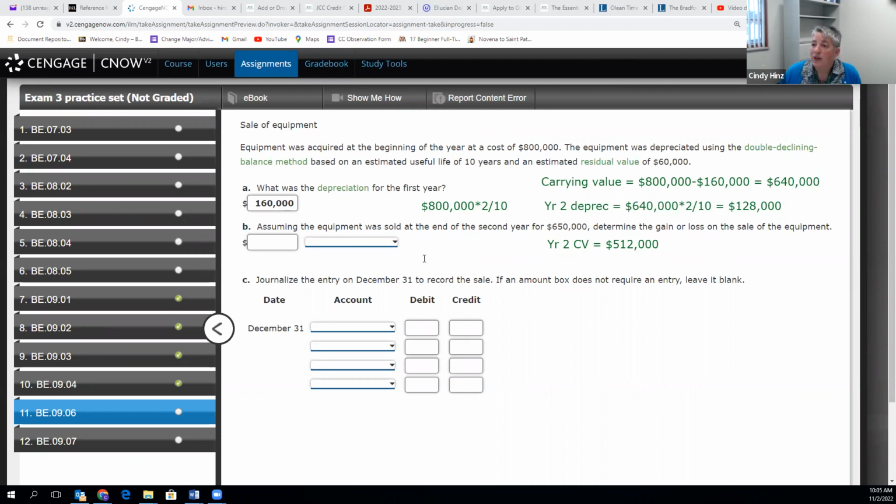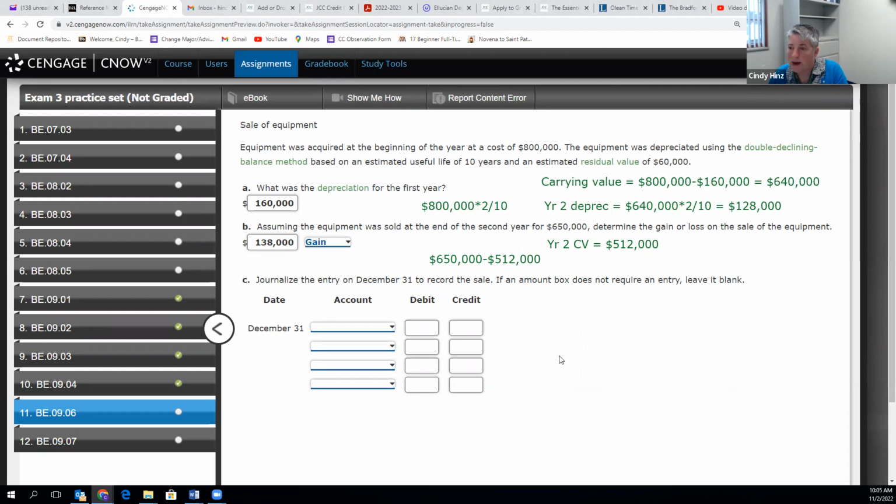The other part we need for this exercise is how much was that gain? To calculate that, we need to compare the selling price to the book value. The selling price was $650,000, the book value was $512,000, and the difference between them is $138,000, and that again will be a gain.